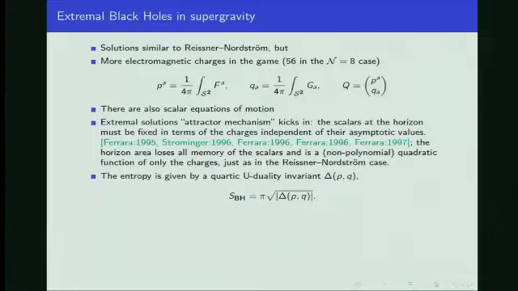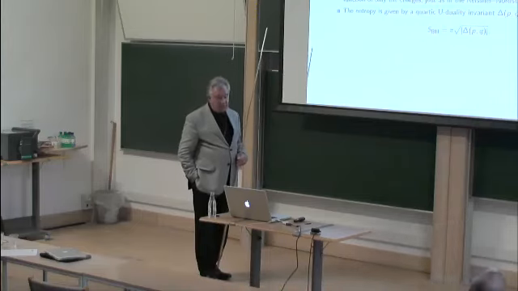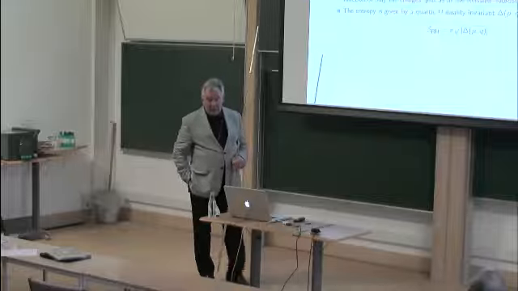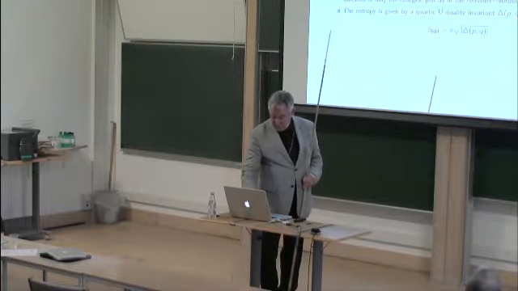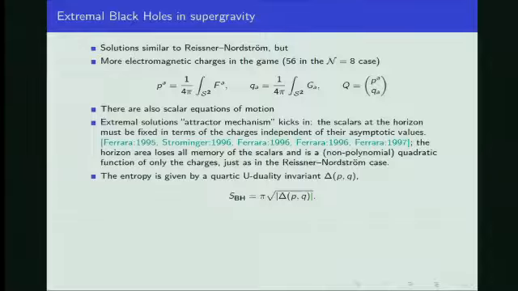Because the theory was invariant under that U-duality, the Bekenstein-Hawking entropy ought to be invariant also, and it's given by the square root of a quartic polynomial in the charges. And that quartic polynomial is invariant, in this case under E7, in general under whatever the U-duality group is.